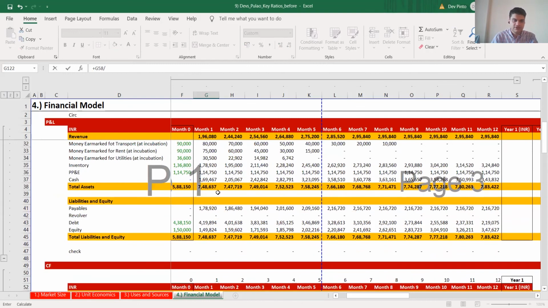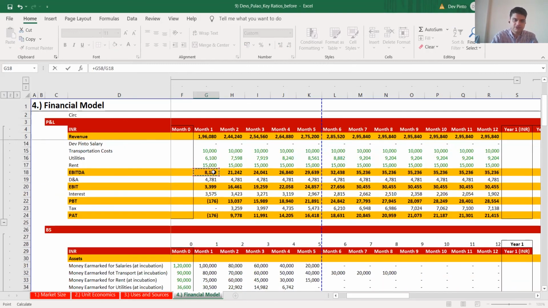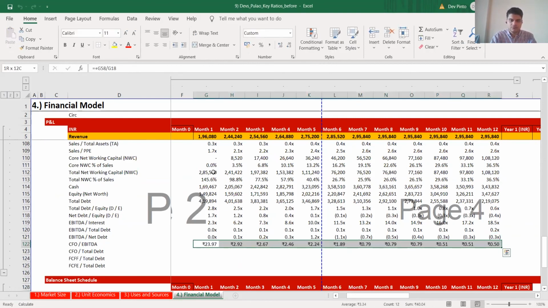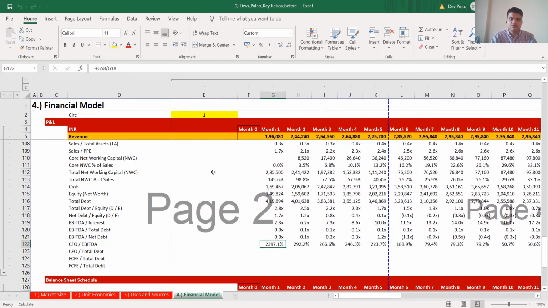Let's divide that by EBITDA. The first month's a bit of an anomaly because remember we had working capital upfront. We didn't have payables in the first month, and that change in payables is resulting in a lot of cash generation for this business.